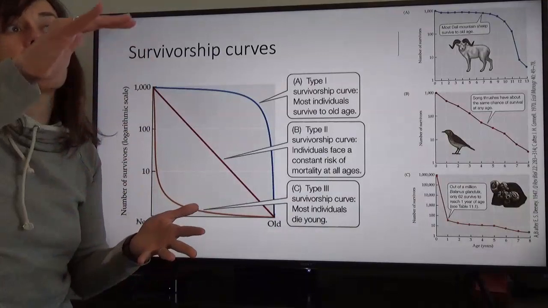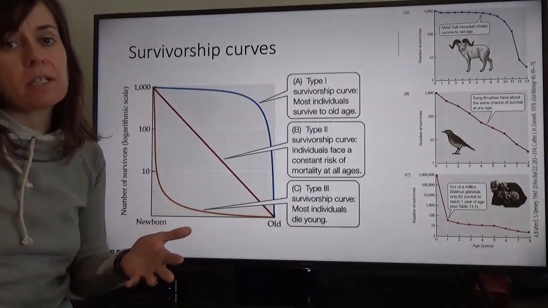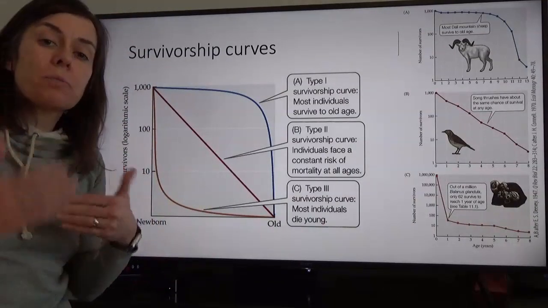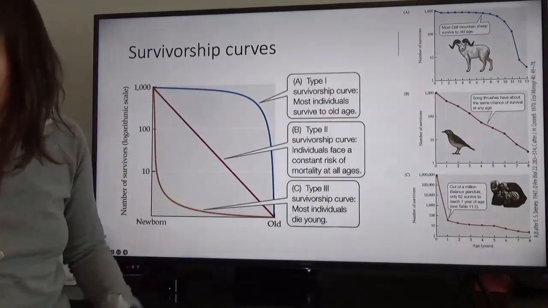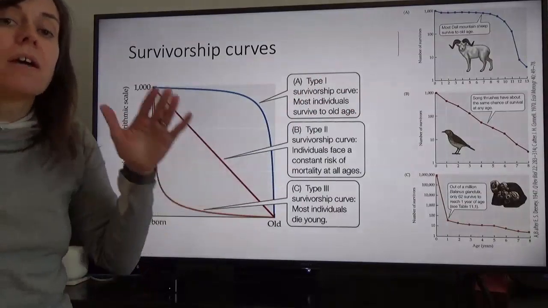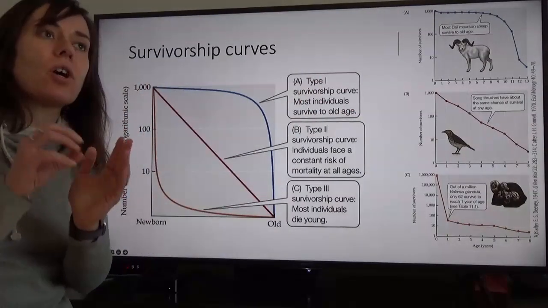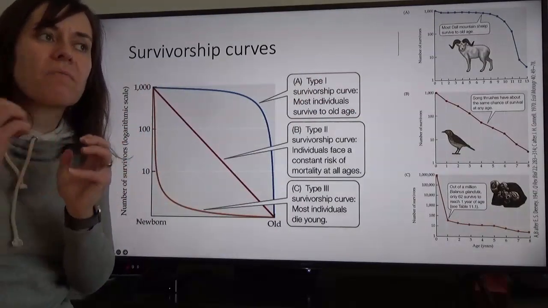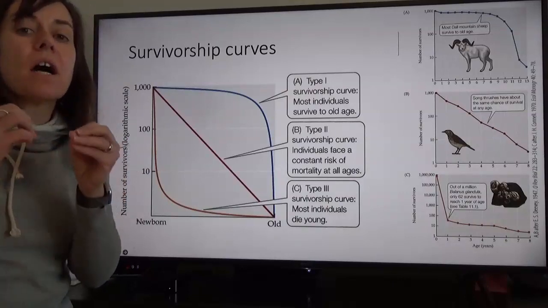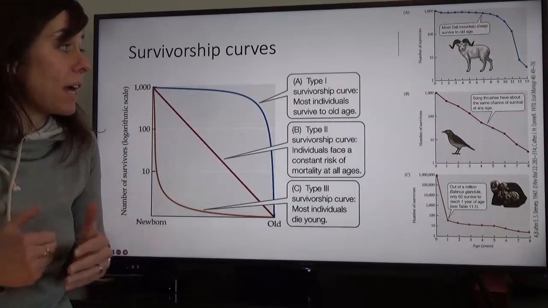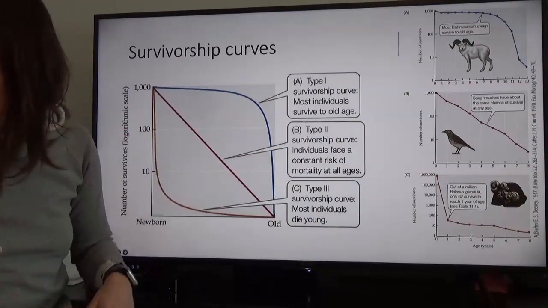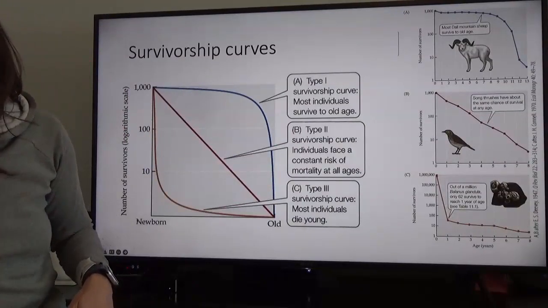So maybe it'll increase with age to a certain point and then decrease with age after that point. So we know that age plays an important role in reproductive output, as well as in survivorship. These two key factors that go into our calculation of population abundance are strongly modified by these different factors, age, sex, etc.